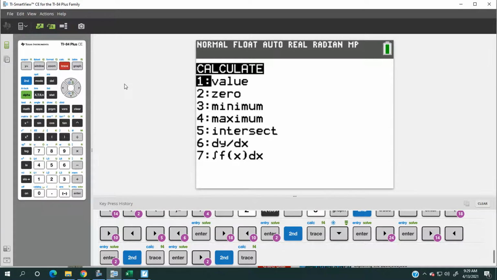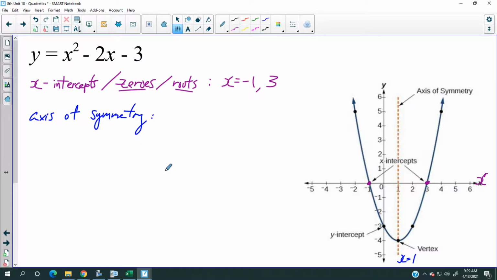Now, listen carefully here. If I want to find out the axis of symmetry, I need to look at the vertex. So this is like a 2-in-1 thing, which makes sense, because the axis of symmetry includes the vertex as part of its line. So we need to look at the vertex.